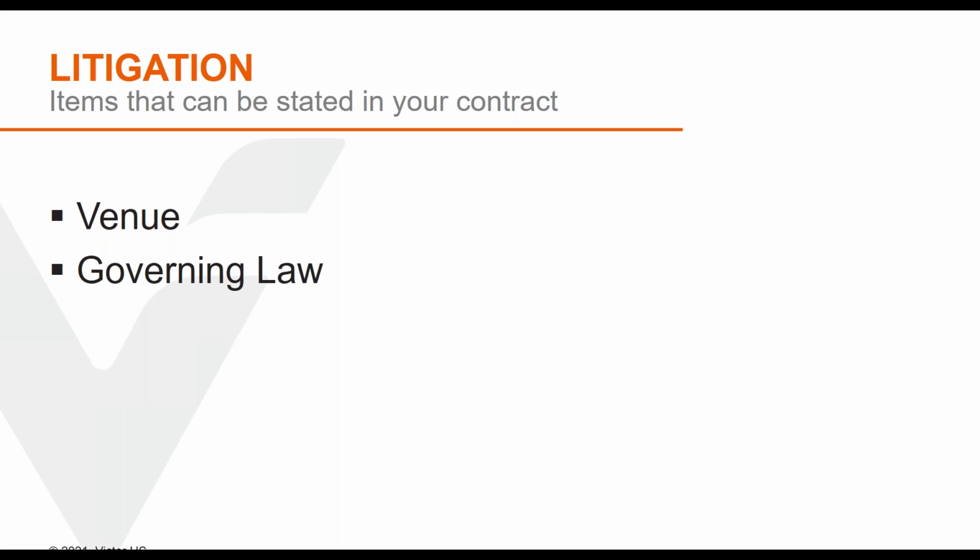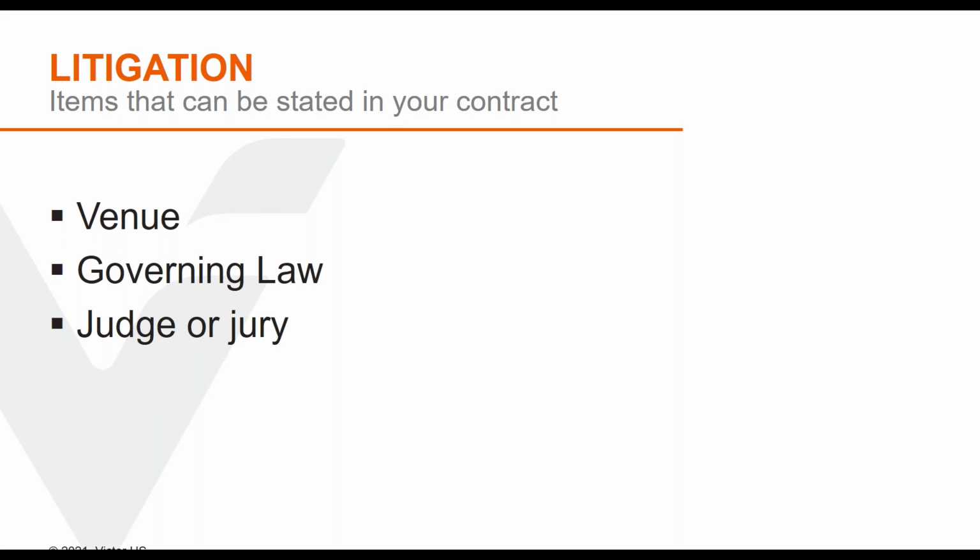Governing law, obviously, venue is the place. The law, you can state which state's laws govern. You should also talk to your attorney if the client wants to use their backyard, whatever home state they are in, as the governing law provision. A judge or jury, which type of trial do you want?